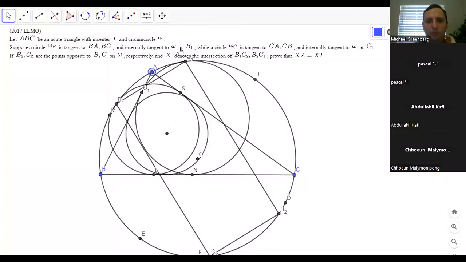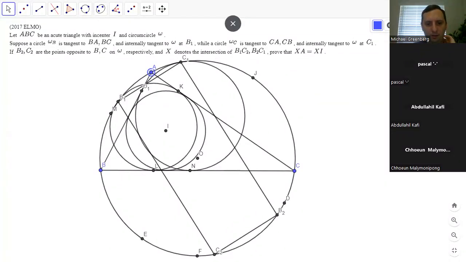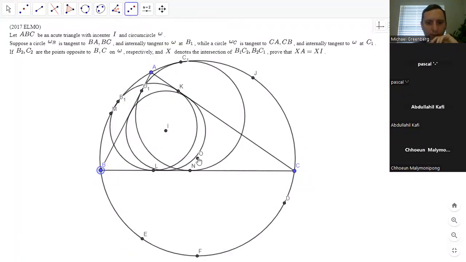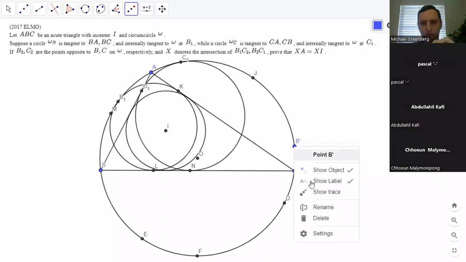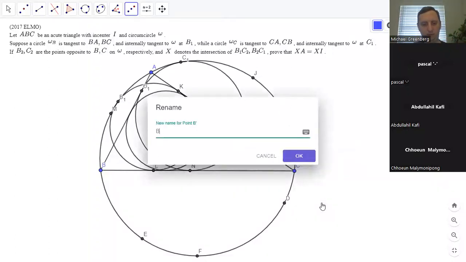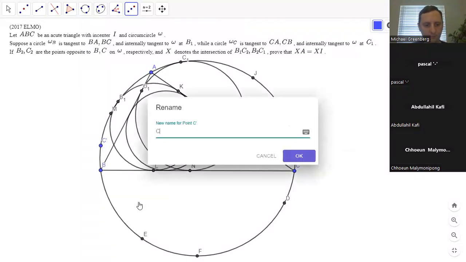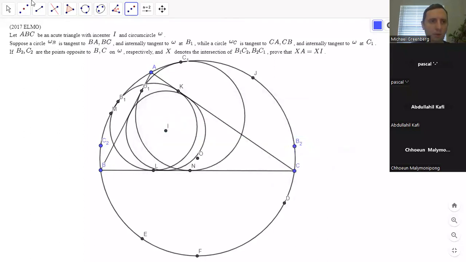Should be the antipode of B, not. Oh, you're right. That's my bad. So this should be B2. And this should be C2. And that will make a rectangle, so this here is a rectangle.